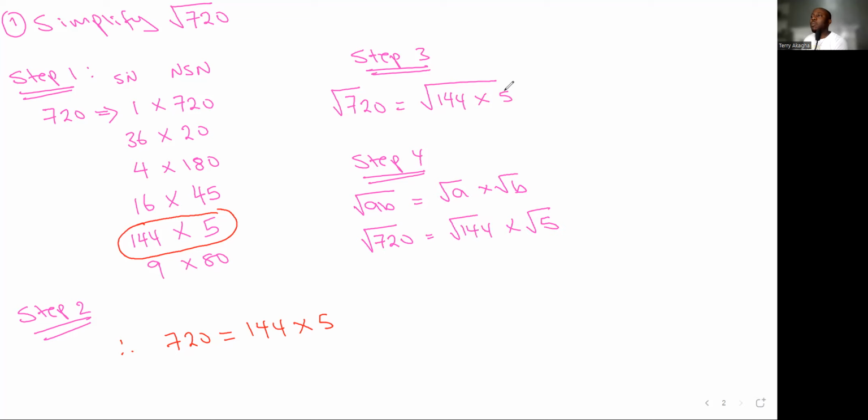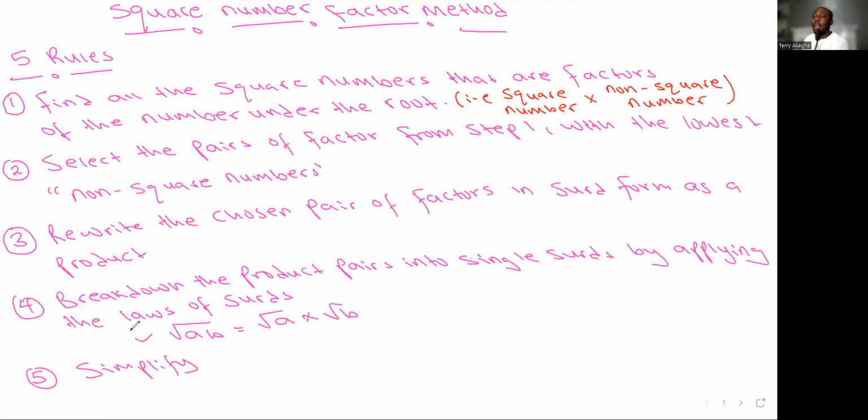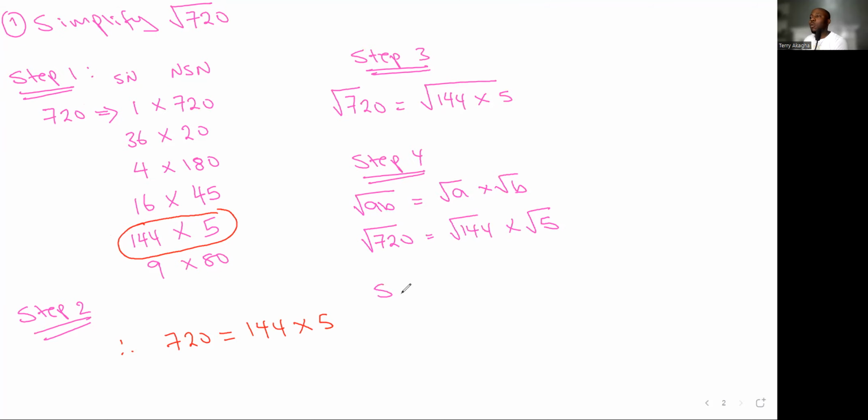Basically, we're breaking down the surds into simpler pairs. Then after that, it's asking us to simplify. So step 5, we know, is to simplify. So the square root of 720 is going to give us the square root of 144 times the square root of 5.